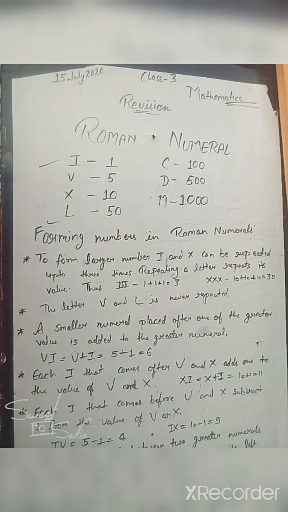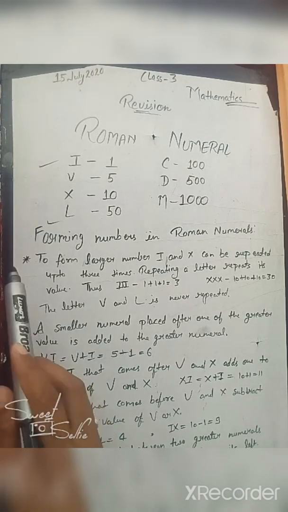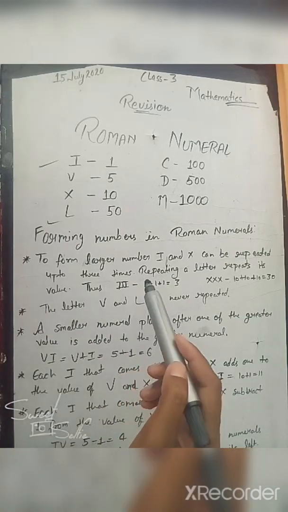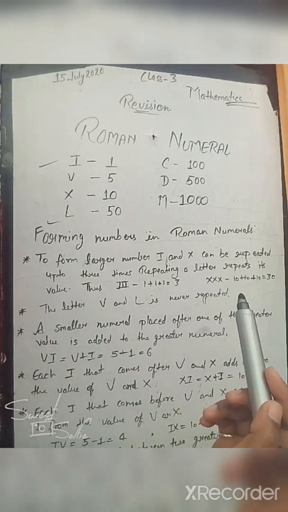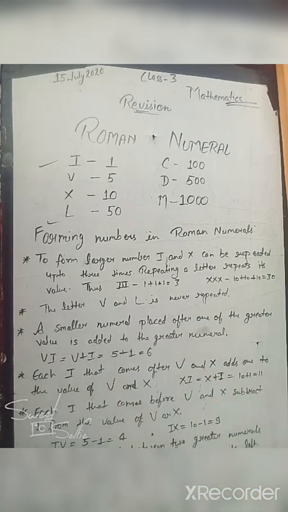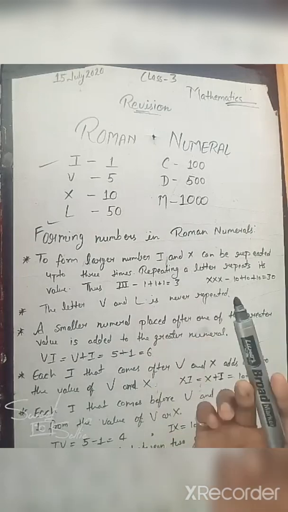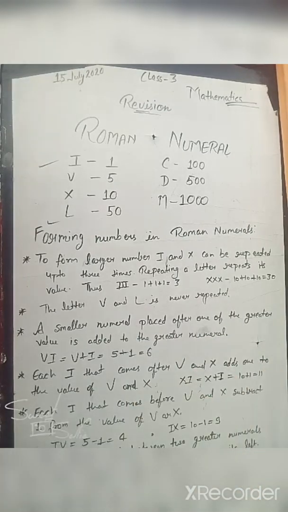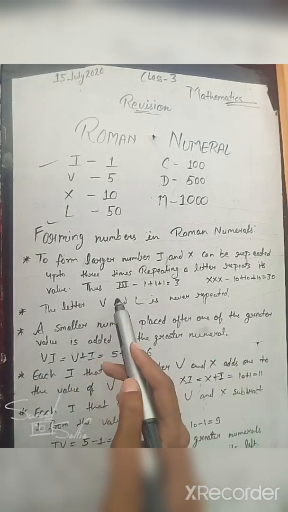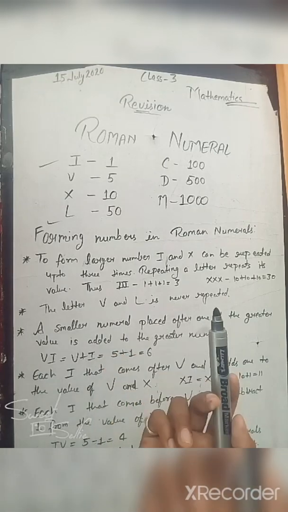So let's see. Number first, to form larger numbers, I and X can be repeated up to 3 times. Repeating a letter repeats its value. किसी भी बड़े नंबर को बनाने के लिए हम I और X को 3 टाइम्स तक रिपीट कर सकते हैं, और जब हम इनको रिपीट करते हैं तो मीन्स इनकी वैल्यू भी रिपीट होती है.